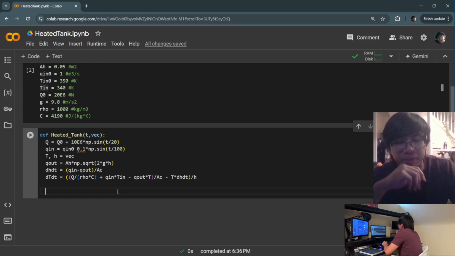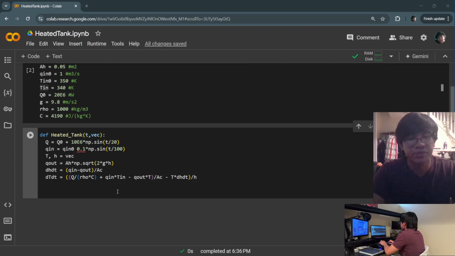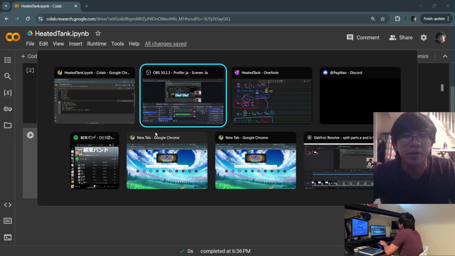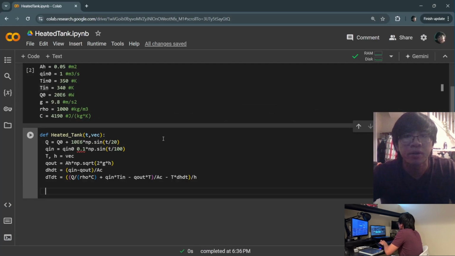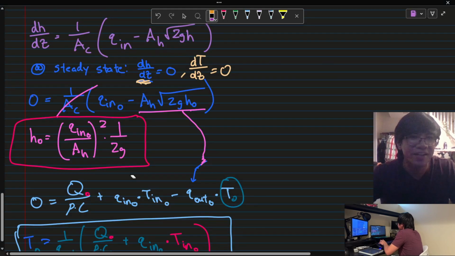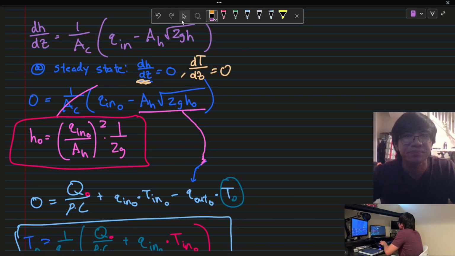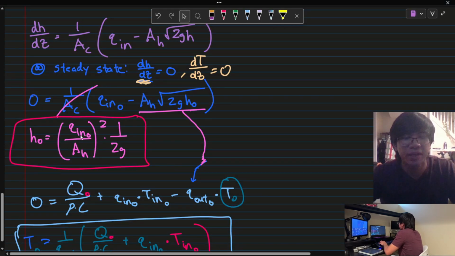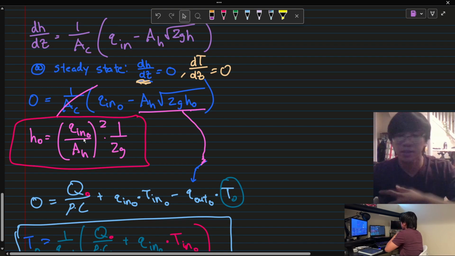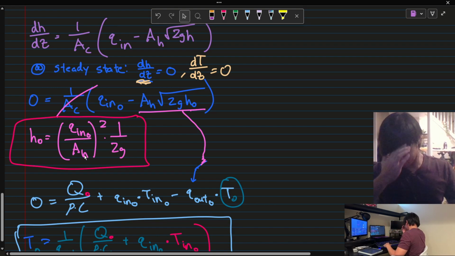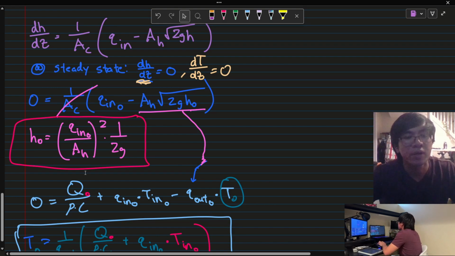What else do we want to do? We were defining our initial values. Our initial height at the steady state is defined as the inlet volumetric flow rate over the cross-sectional area of our tank, squared, times 1 over 2g.